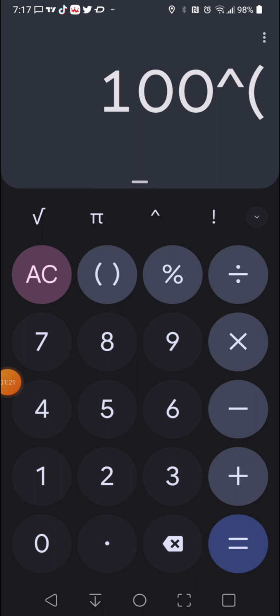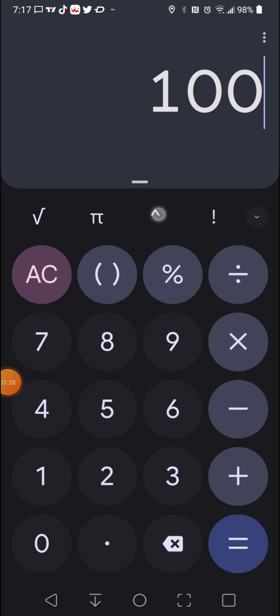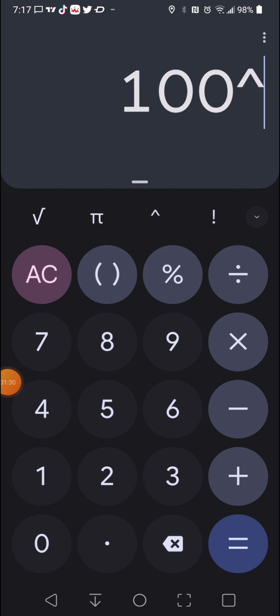Let's explain the math a little bit. This symbol right here means that you are multiplying the number times itself many times. However, I'm not going to multiply it times itself many times. I'm going to multiply it by a fraction of a time.